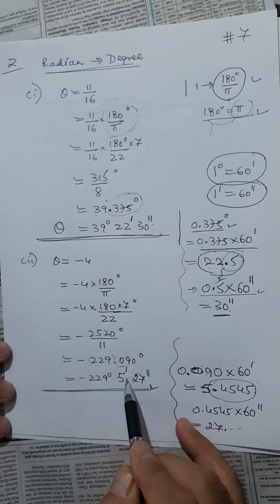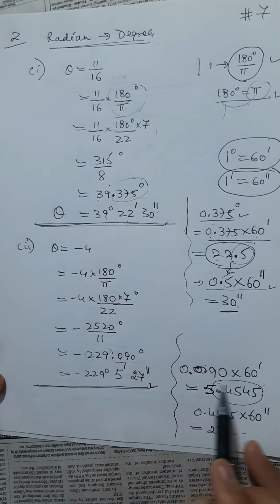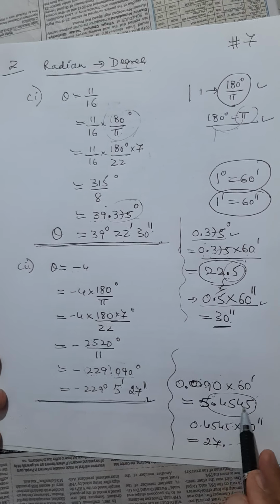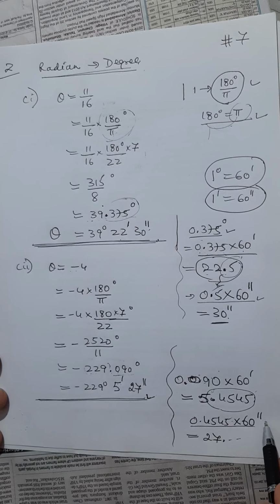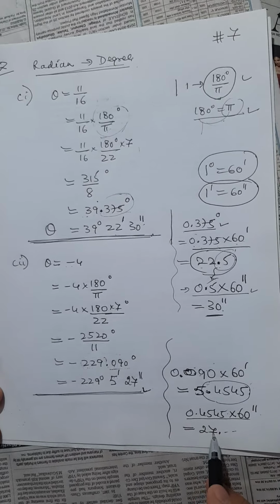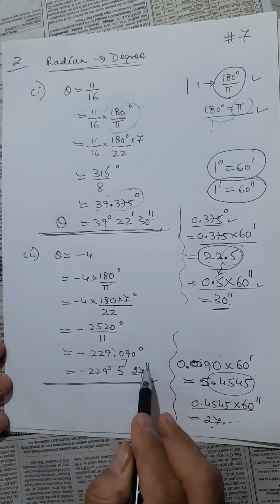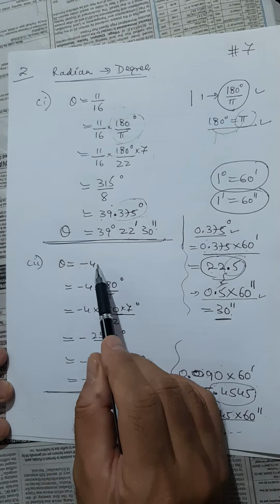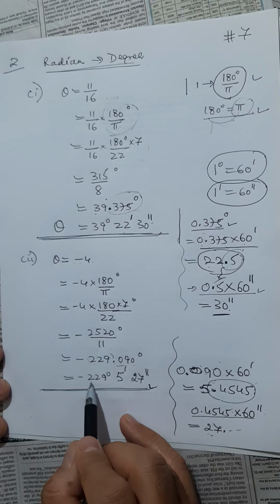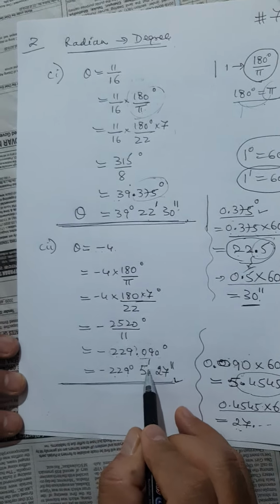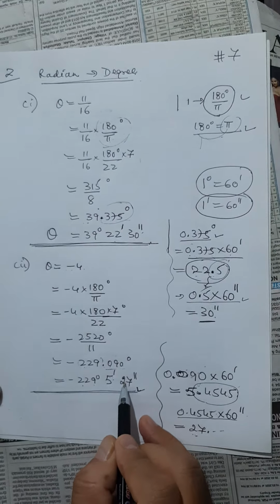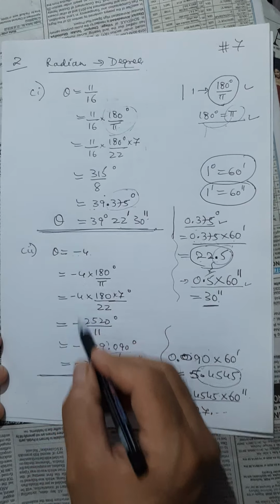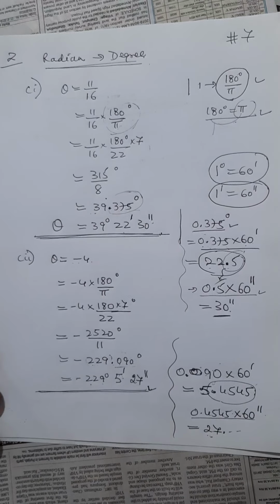So this becomes 5 minutes. 0.4545 again multiplying with 60 to convert into seconds, so we'll get roughly 27. So 27 seconds. So 4 radian is roughly 229 degree, 5 minutes and 27 seconds. Minus sign is not important, that we just copied from the beginning.